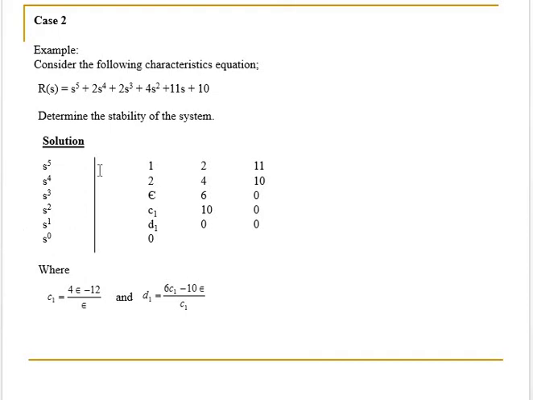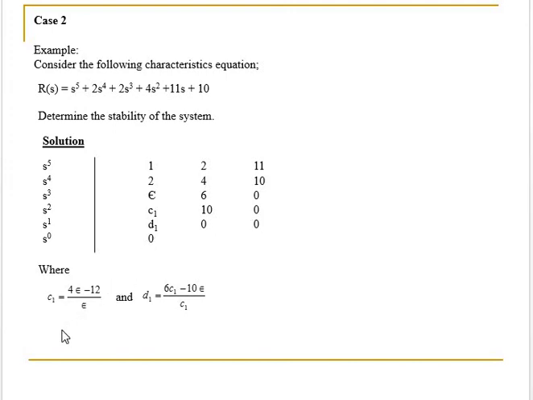In this case, first we substitute the values of the coefficients a1 until a6 into the array. Then we substitute these values, and we should calculate b1, b2, b3, c1, c2, c3, d1, d2, d3, and e1.